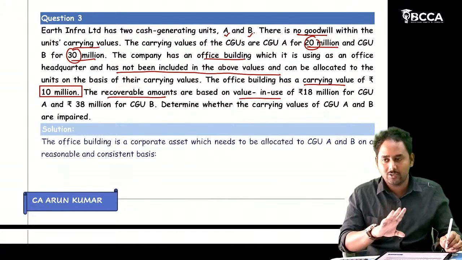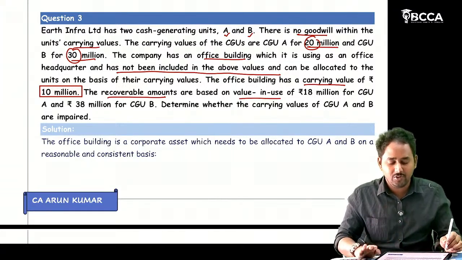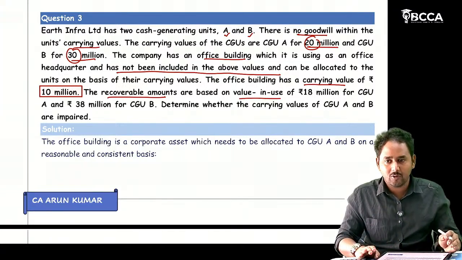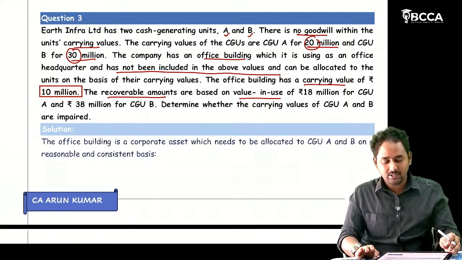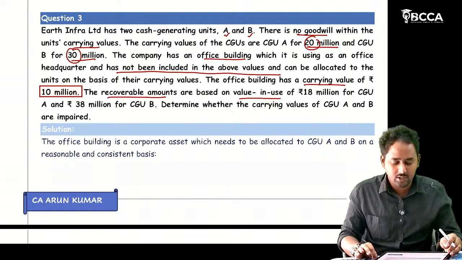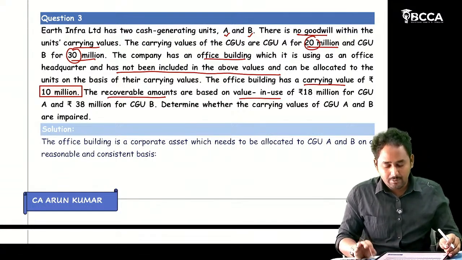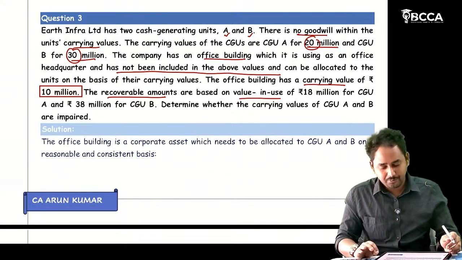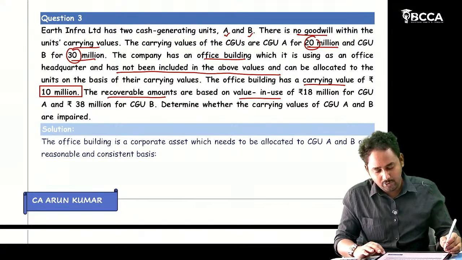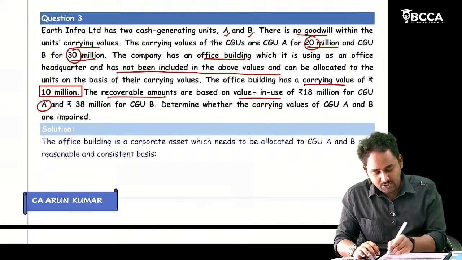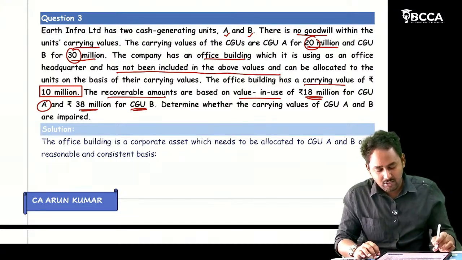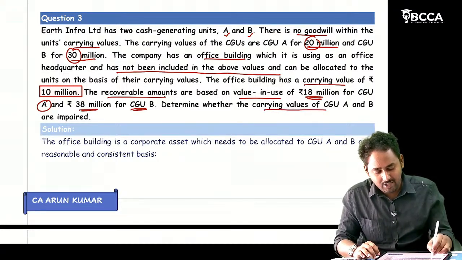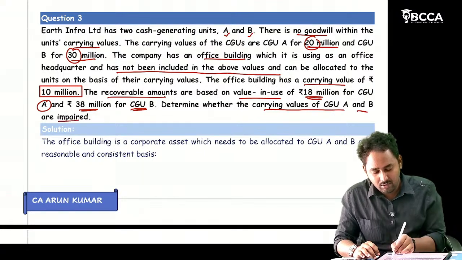But without having value in use, I cannot assume that the recoverable amount equals fair value. Value in use is compulsory for the recoverable amount. The recoverable amount of CGU A is 18 and CGU B is 38. Determine whether the carrying values of CGU A and B are impaired.